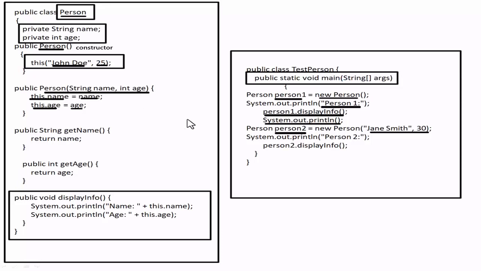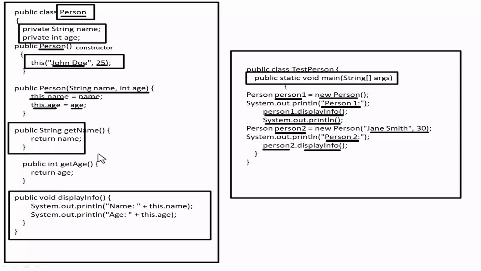So now you are going to call the person2 details. Person2 is an object, displayInfo. This method is going to display the information, which has name and age. Where is it going to set them?